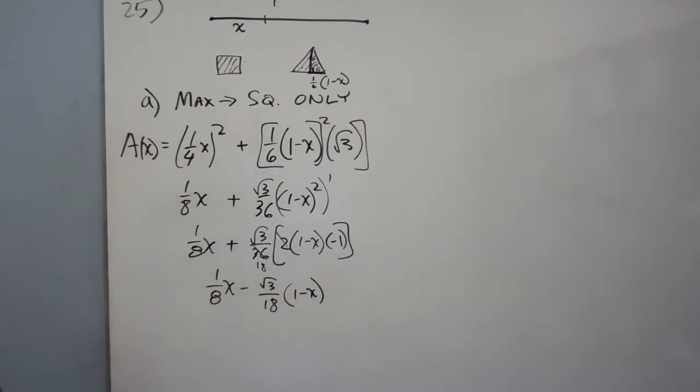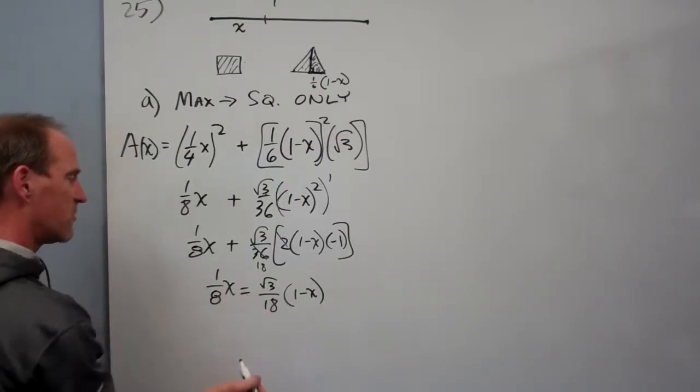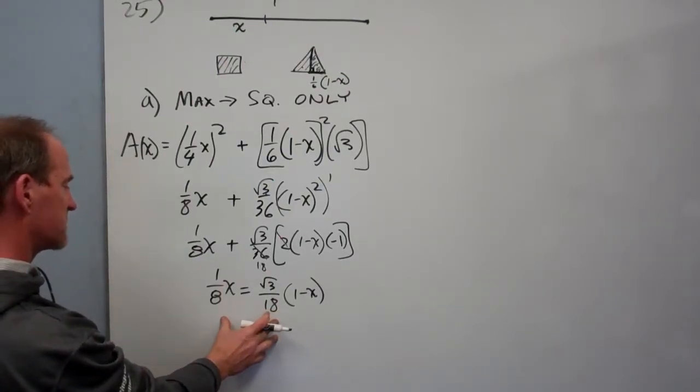We want to set that equal to 0, so if it's a minus, it's going to be when these are equal, okay? And now I just need to solve this.